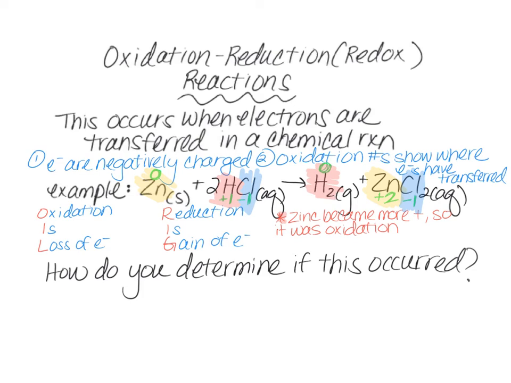It became more negative, therefore it gained electrons. Reduction is gain of electrons. So we can say that hydrogen was reduced. That is what you'll have to be able to identify in an oxidation reduction reaction: the species that was oxidized and the species that was reduced, using this acronym called OIL RIG.